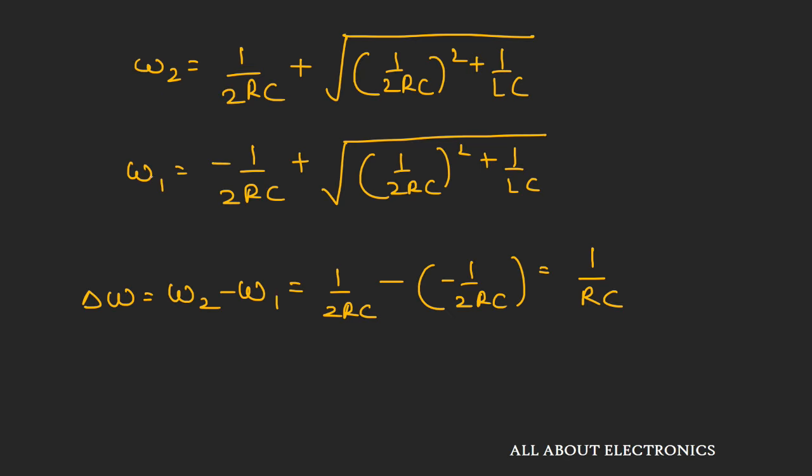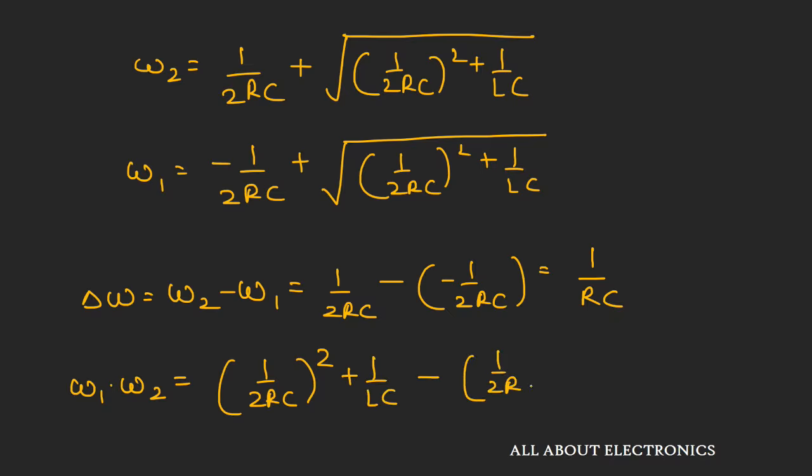Now if we multiply these two equations, then we will get omega 1 into omega 2 equal to (1 over 2RC) whole square plus 1 over LC minus (1 over 2RC) whole square, that is equal to nothing but 1 over LC.